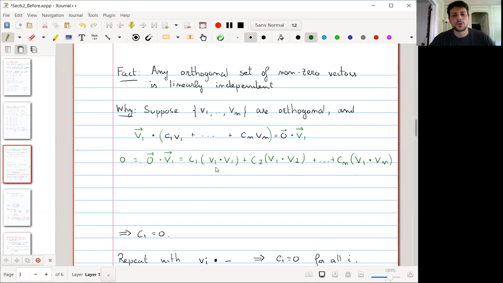Now, by orthogonality, we know that v1 is orthogonal to all other vectors in the set. So all of these, and everything in the middle here, is equal to 0 by orthogonality.